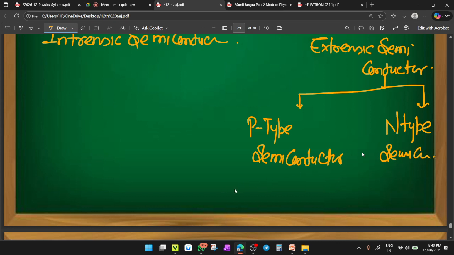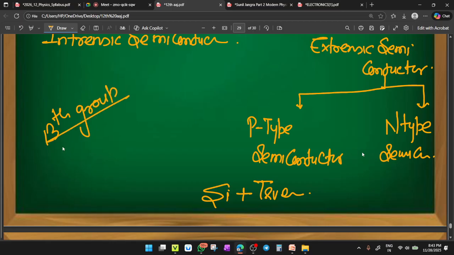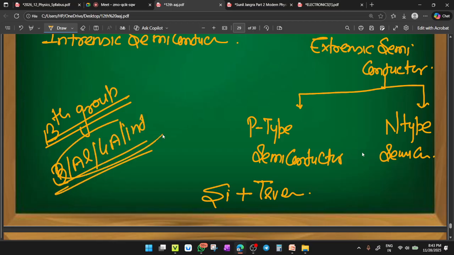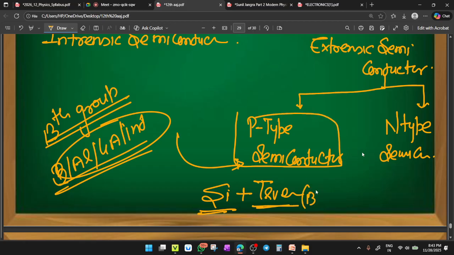P type means when you mix pure silicon with trivalent impurities. Trivalent impurity means 13th group. Boron, aluminium, gallium, indium. If you mix these impurities with a pure semiconductor, silicon or germanium, you will have a P type semiconductor on mixing trivalent impurity or 13th group elements.